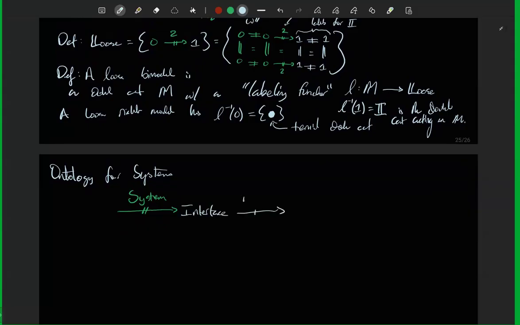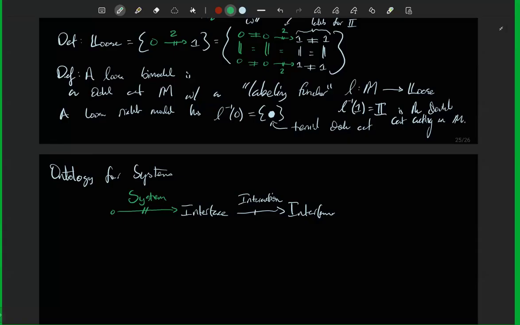Here we have interaction. And here we have interface again. And over here, I'm just going to leave this as a dummy. We're not going to talk about the domain there because we're not going to need it for now. We could talk later about control systems, which have a nice story if you have a domain, but I'm not going to do that right now.